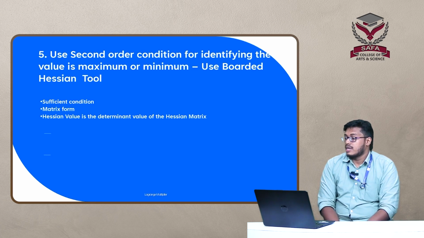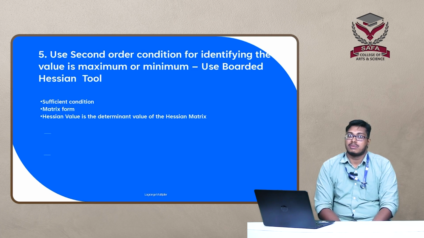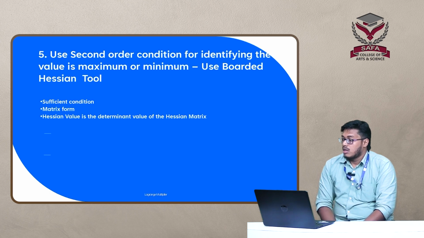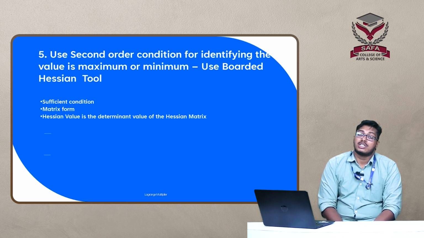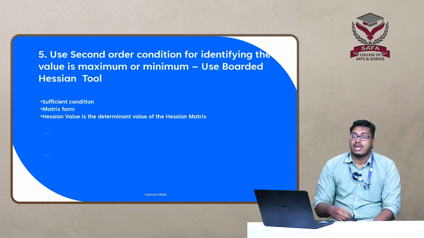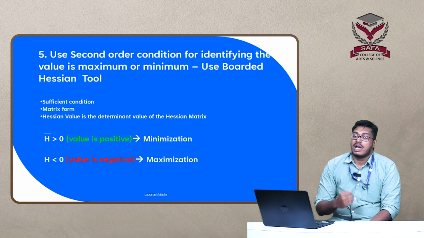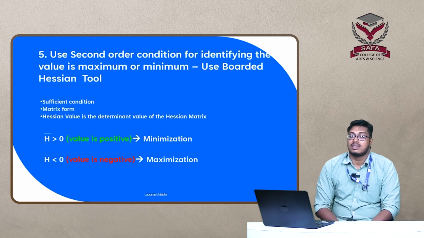The bordered Hessian tool method is a matrix form, and the Hessian value is determined by the value of the Hessian matrix. The optimized value is decided as maximum or minimum by the Hessian value.